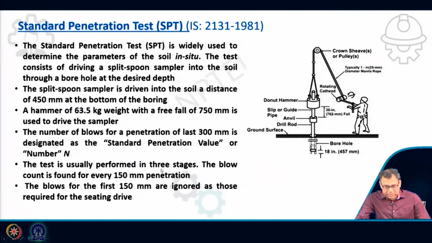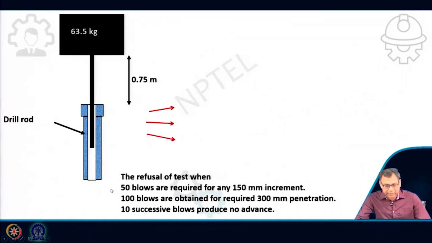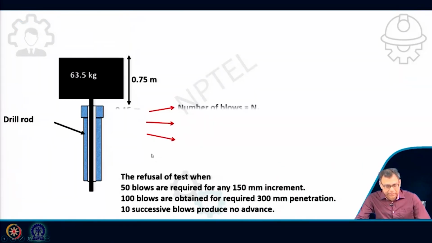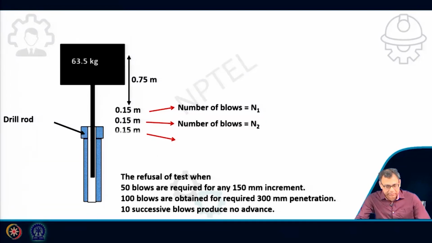Now this test is usually performed in 3 stages. The blows are counted for every 150 millimeter penetration. The blows for the first 150 millimeter penetration are ignored, and these are required for the seating drive. And then this is the animation.